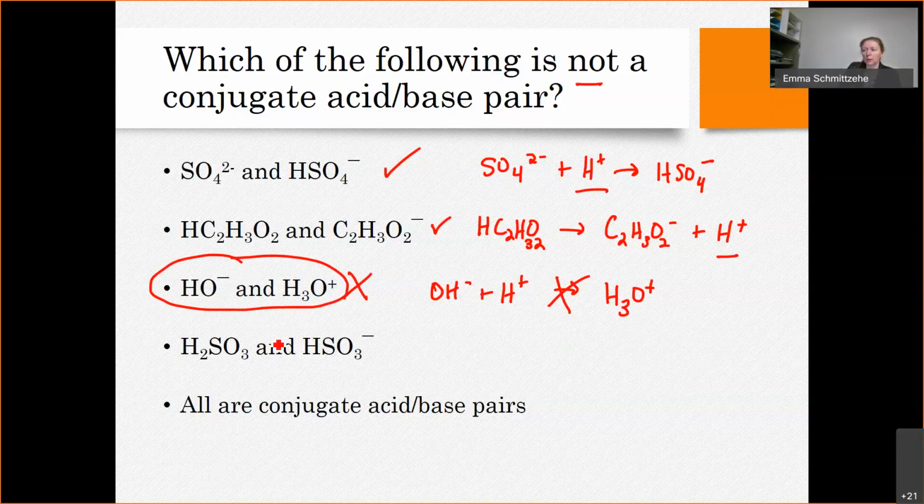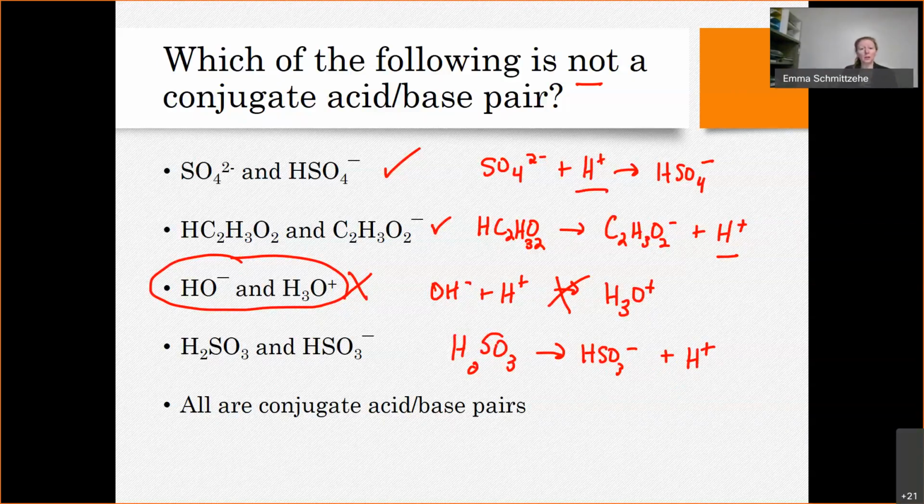Now let's check and make sure this last one isn't another one. So we have H2SO3 and HSO3 minus. So if I take H2SO3, I could convert H2SO3 to HSO3 minus if I took away an H plus, or I can go backwards and say HSO3 minus plus an H plus would give me H2SO3.